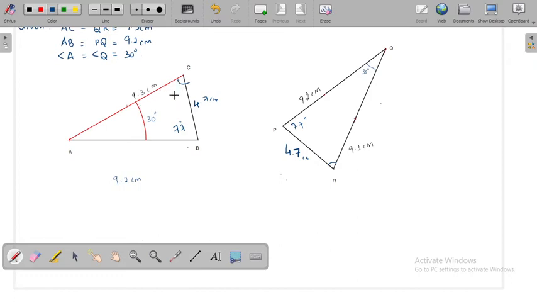In this triangle, this angle will be 180 minus 107, right? So here also that will be the angle. So we can say all the sides are equal, all the angles are equal, hence the triangles are congruent, right?